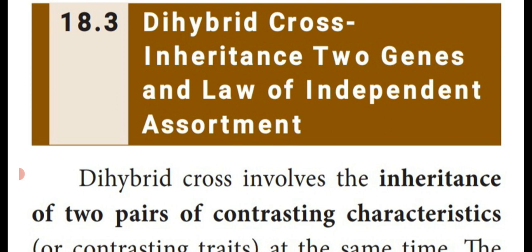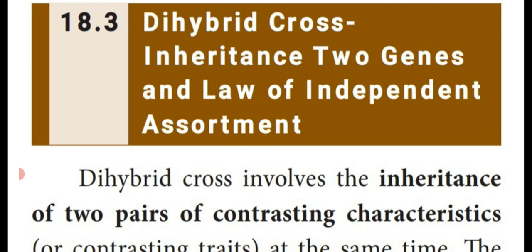Again they unite independently to form both the parents, that is tall plant and dwarf plant, in the ratio 3:1, which is the phenotypic ratio. The genotypic ratio is 1:2:1. That is the monohybrid cross of Mendel.